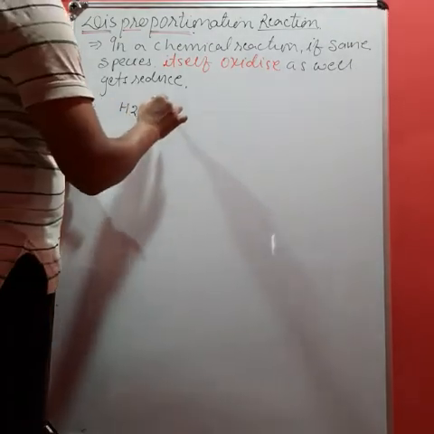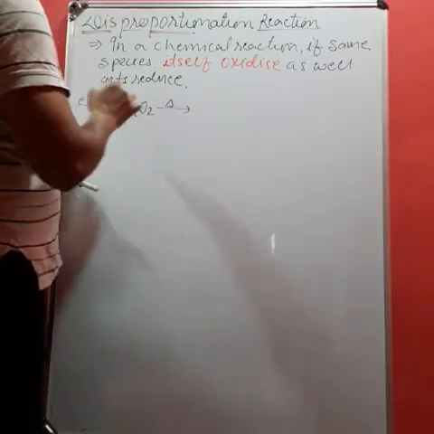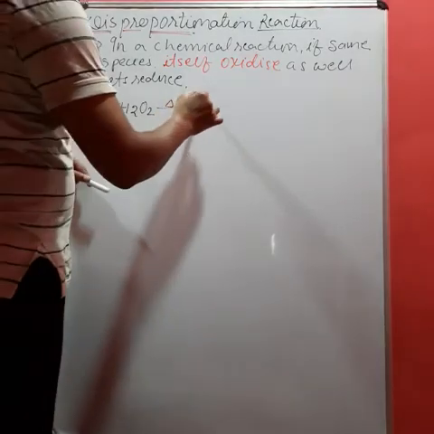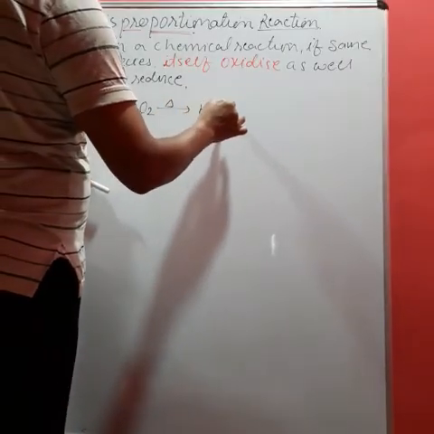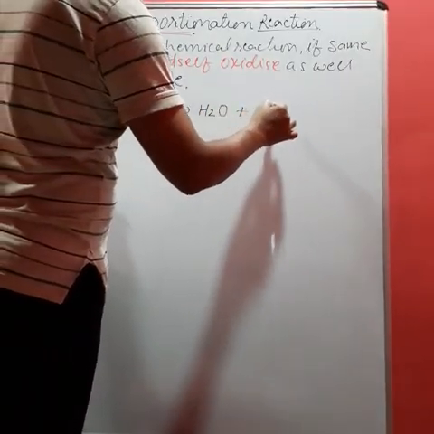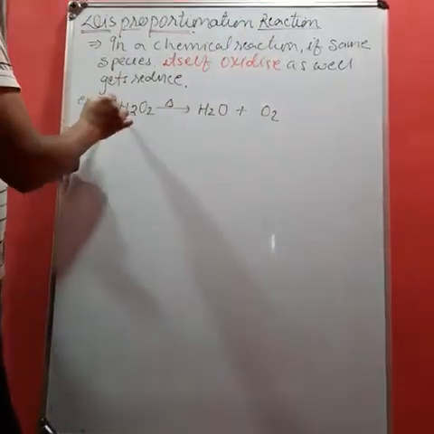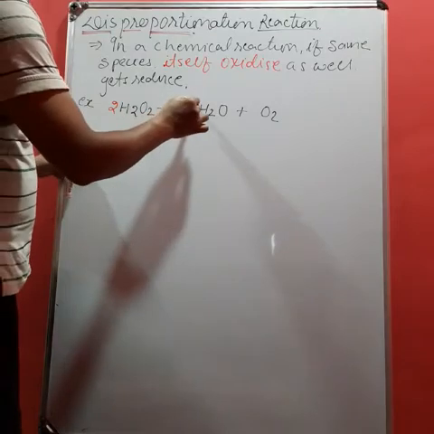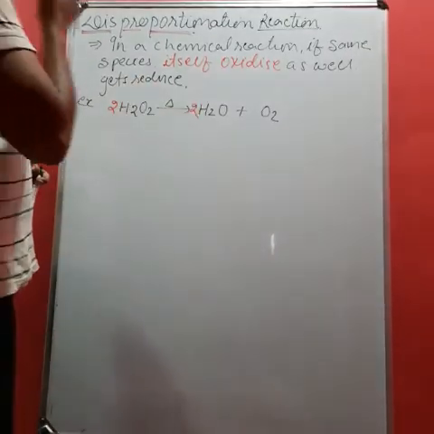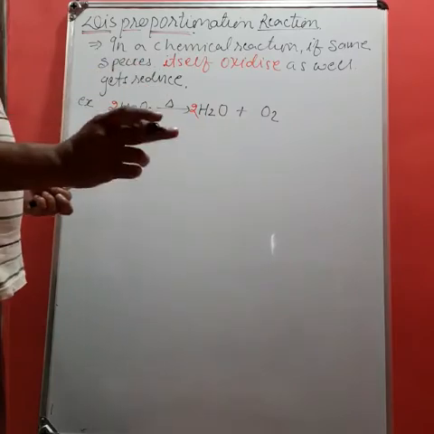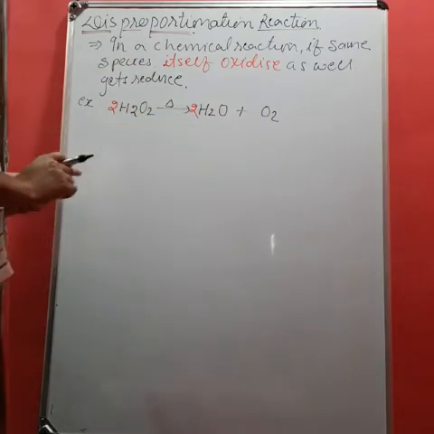When kept open in sunlight or heated, it gets converted into H2O plus O2. Now we have to check the balanced chemical reaction. So here, 2H2O2 gives 2H2O and O2. Now let's check the oxidation state of all species.